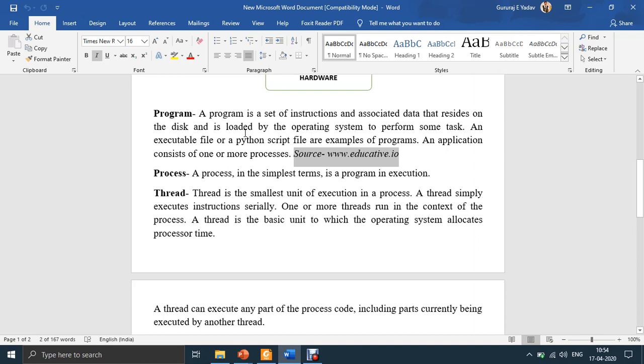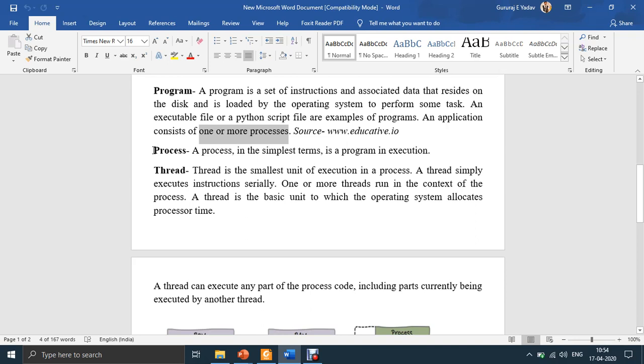So an application or a program, whenever you open it, can have one or more processes. Fine. Next, what is a process? A process, in simplest terms, is a program in execution. That's all.